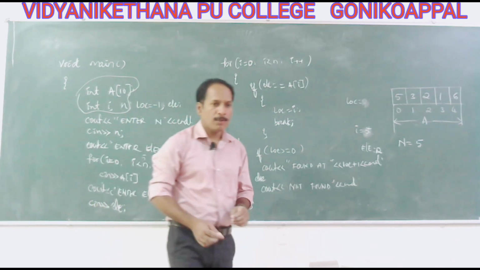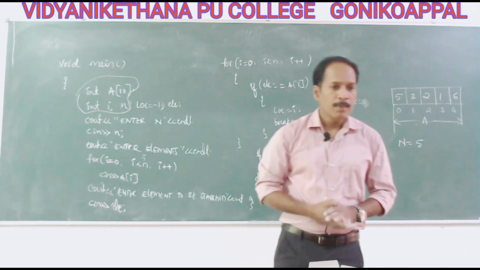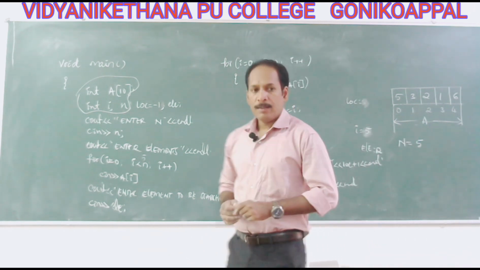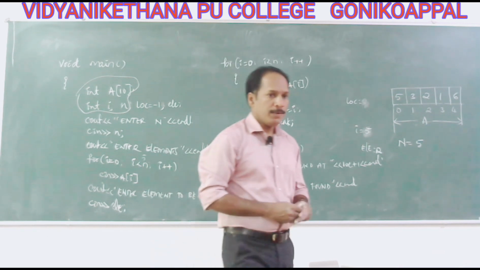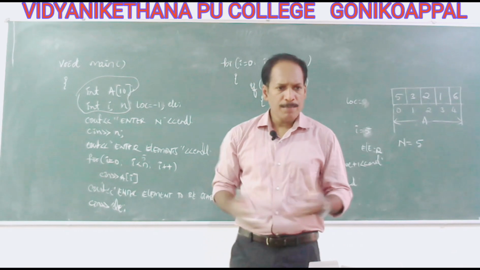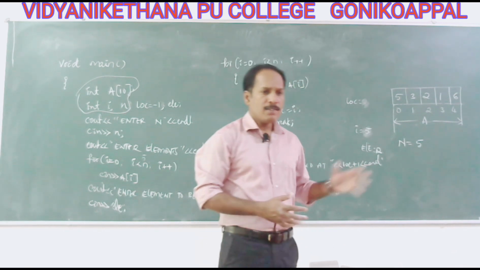So this is something about linear search, algorithm and program. We have one more, called binary search, and this binary search will continue in the next class. We'll come up with binary search because there is a drawback of this linear search.